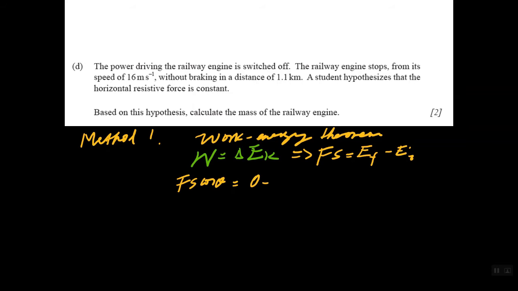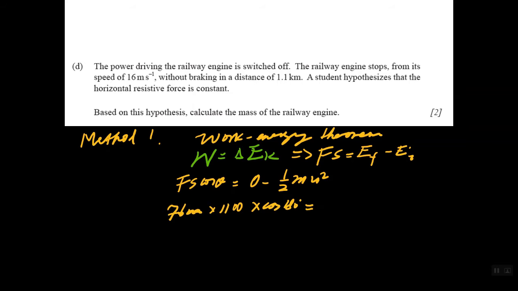In this case, the railway engine stops, so final kinetic energy equals 0, minus initial kinetic energy, 1 over 2 m u squared. The resistive force is 76,000 times the distance traveled, 1100, times cosine 180 degrees.